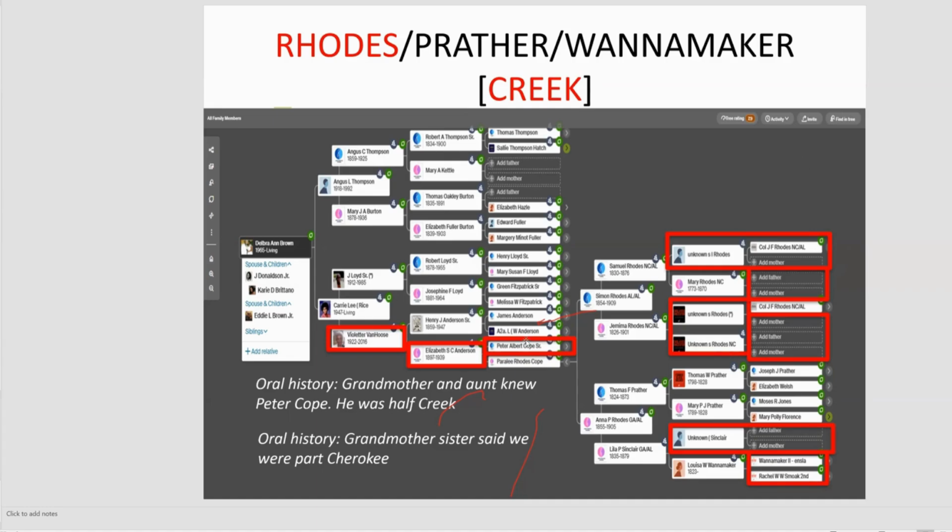And Peter Cope is right here, my grandmother's grandfather. So I knew I'm supposed to be looking for Creeks associated with Peter. Wasn't ready to do any of that then, but now preparing for this particular talk, I'm like, okay, let me line this up. Peter, where is your Native American coming from?